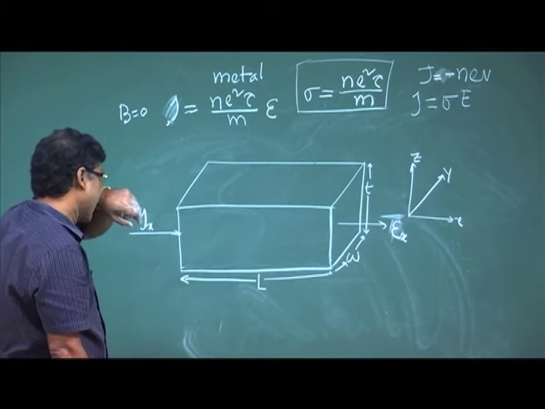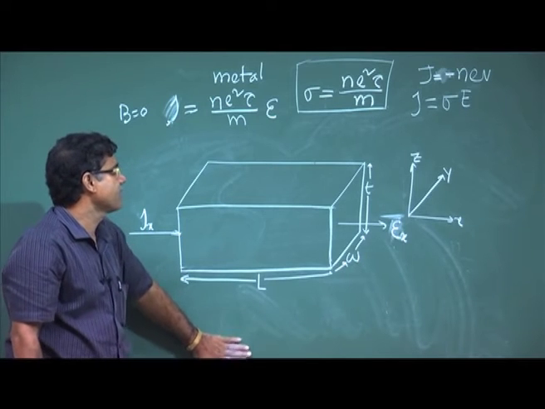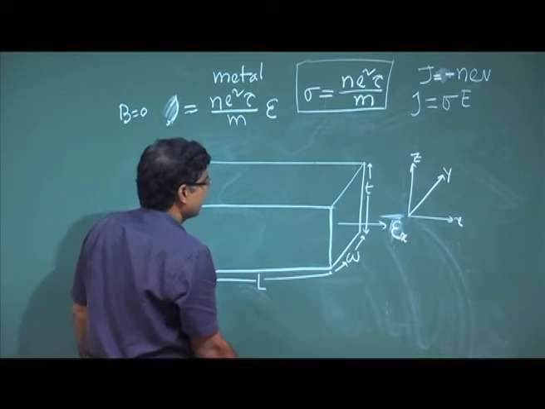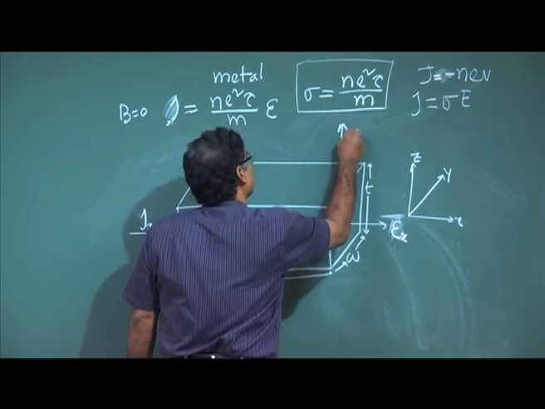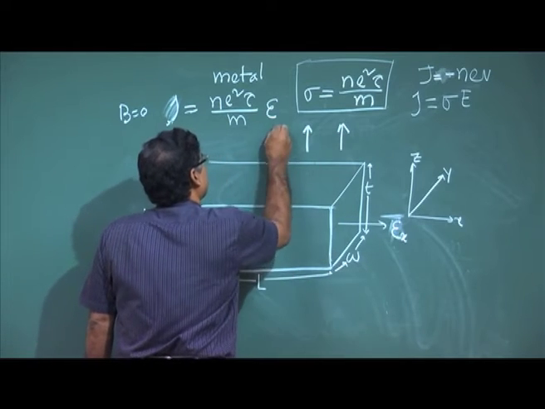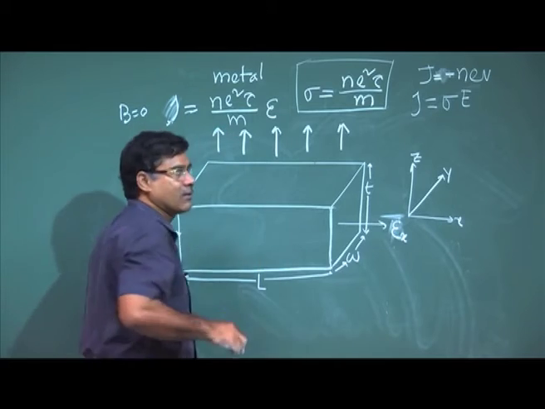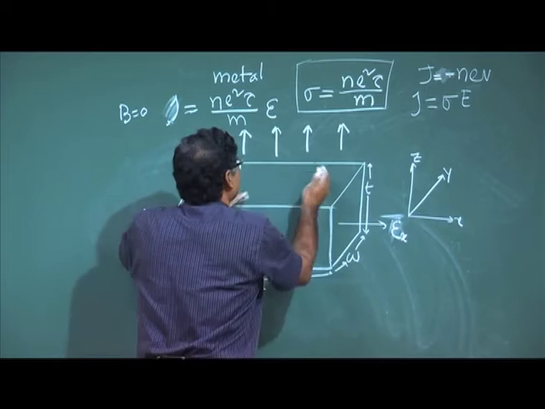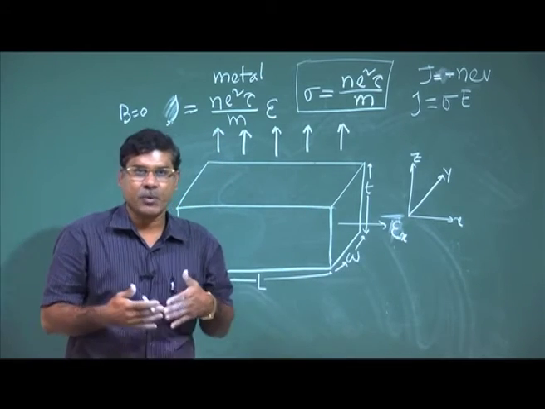So now if I apply a magnetic field, what will happen? If I choose the direction of the magnetic field along the z direction, the sample is under a uniform magnetic field.